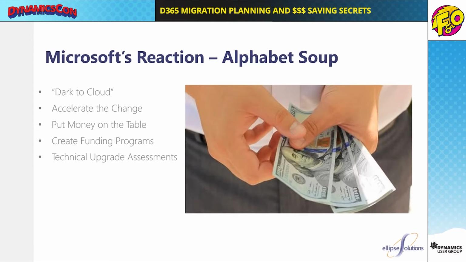We found that they would pay for technical upgrade assessments, and they would pay for additional functionality fit gaps. And the reason they will, back to this dark to cloud, is that they want to incent people to move to the cloud. And when they make these decisions, they're very cynical decisions.